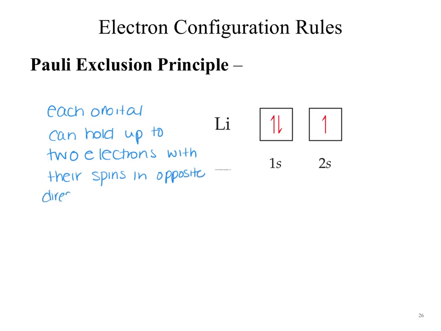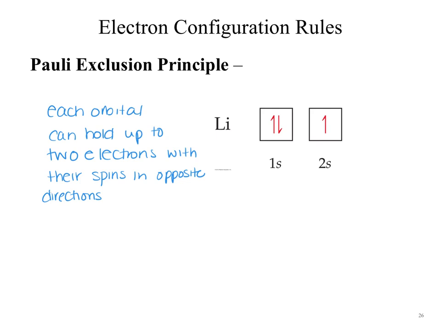And so what that means is, when we talk about their spins, we're saying, hey, look, one needs to be up and one needs to be down. I want you to notice that this is showing you half arrows. Some older nomenclature will show half arrows, and some of the newer ones will show both arrows. So just be aware that you can see either of those depending on what you're looking at.